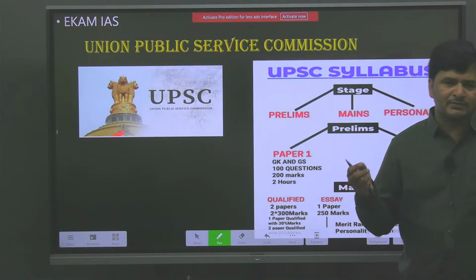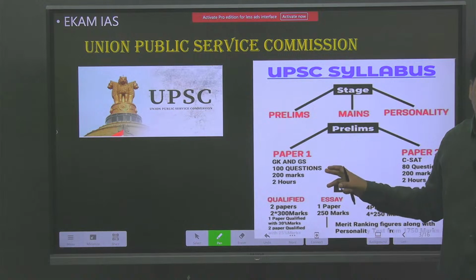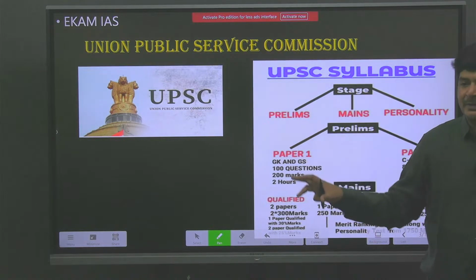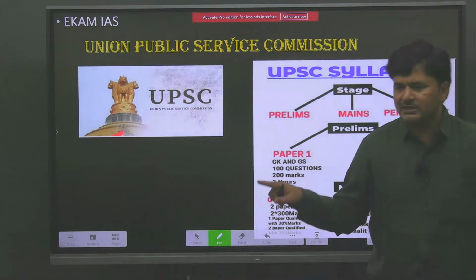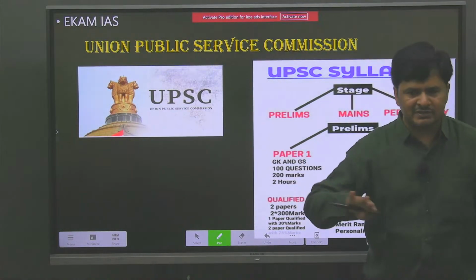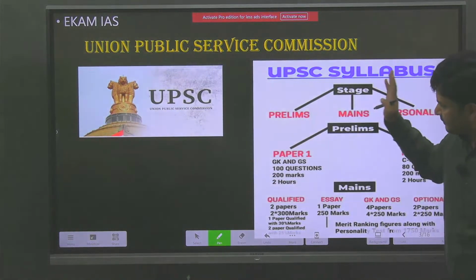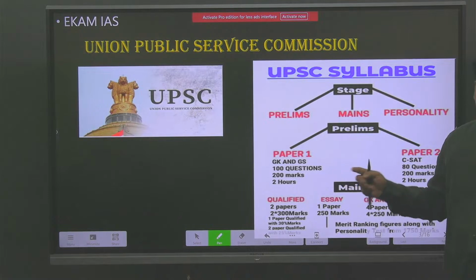Once you clear prelims, you move on to mains. In mains, we have two qualifying papers: one is English, the second is one of the Indian languages. Now the actual journey starts with the merit papers.